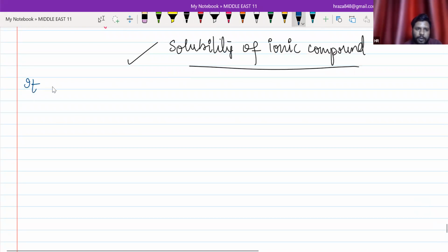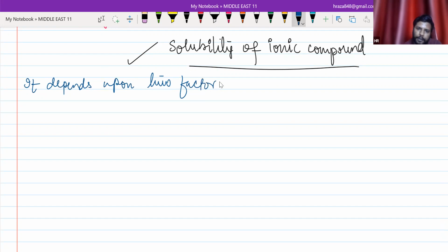So basically solubility depends upon two factors. The first factor is hydration enthalpy. We just defined what hydration enthalpy is. And the second one is lattice enthalpy. What is lattice enthalpy?